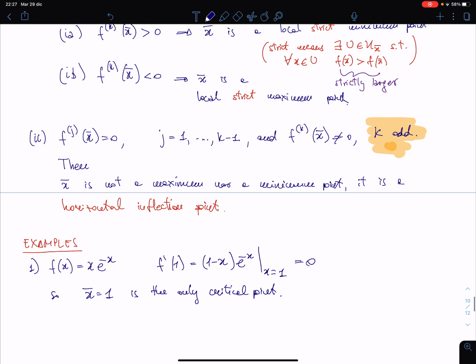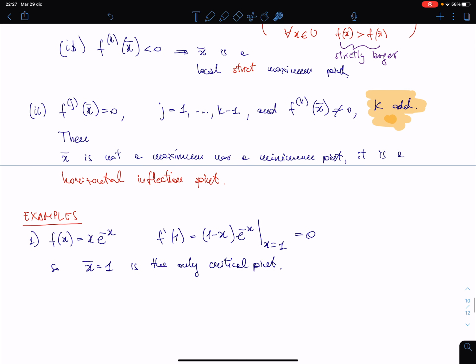Now, the first derivative is equal to 0. In order to understand what is the nature of this point, either we study the sign of the derivative, as we did before, or you follow the last theorem and you just evaluate the sign of the subsequent derivatives.